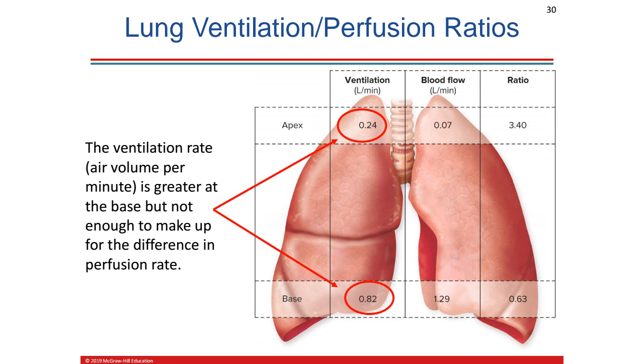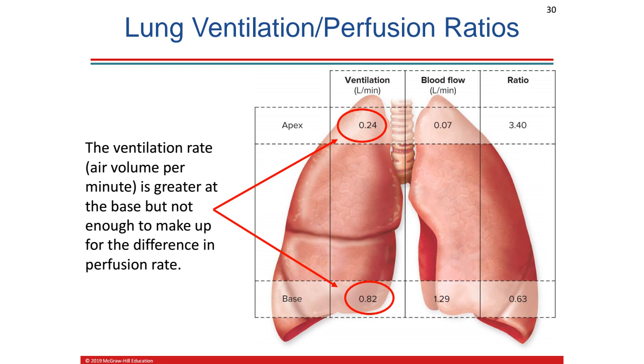Ventilation rate is defined as air volume per minute, so liters of air per minute. If we look at the apex of the heart, we see that the ventilation rate is 0.24, and at the base of the heart, the ventilation rate is 0.82 liters per minute.